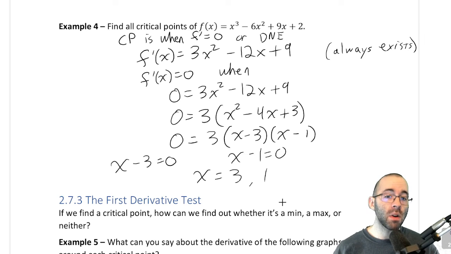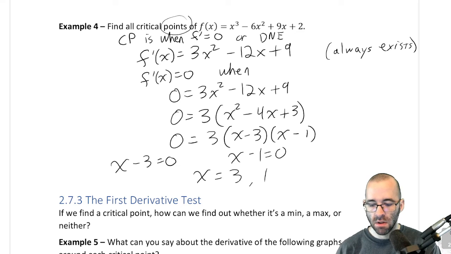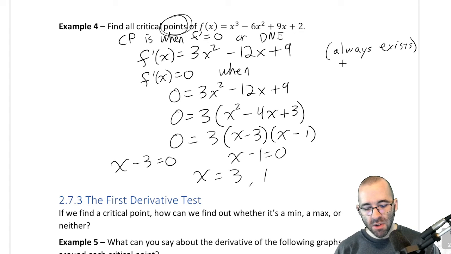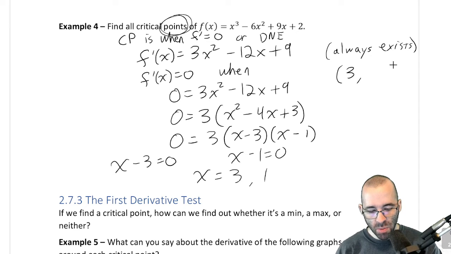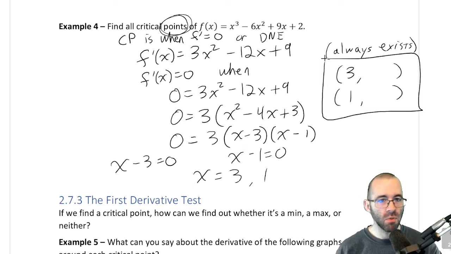And we are almost done, but not quite. We're looking for critical points. Points are x values and y values. So how do we find the y values for these points? Once we do that, we'll have our answer. Well, we plug it back in.